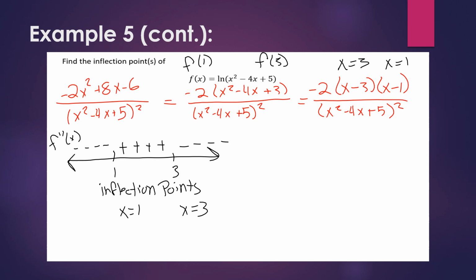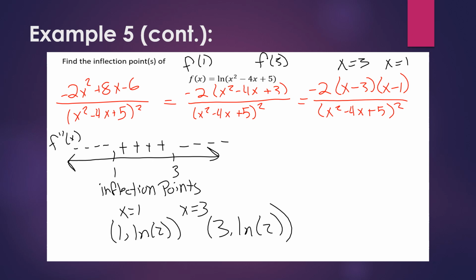If I plug in 1, I'm going to get 1 squared minus 4 plus 5. That's the ln of 2, which is irrational. And if I plug in 3, I'm also going to get the ln of 2. So my points would be (1, ln 2) and (3, ln 2). These would be my two inflection points.